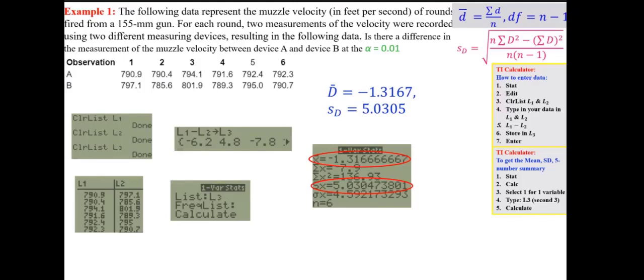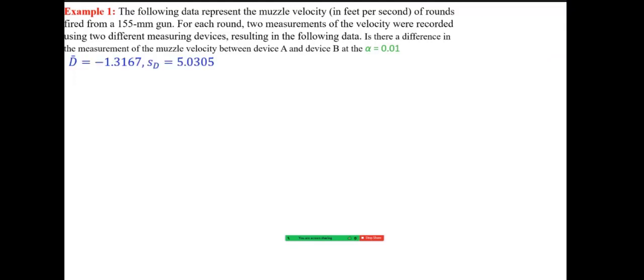The very first step, H0 and H1. This is a two-tailed test. Mu sub D is 0 as H0, and H1 is mu sub D is not equal to 0. The next step is to calculate the test statistic.